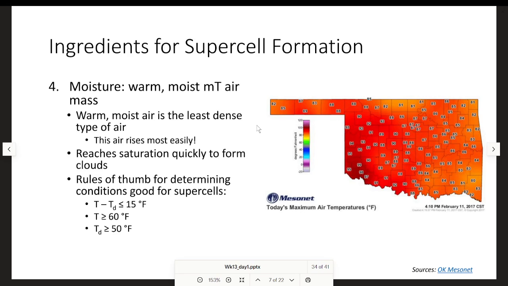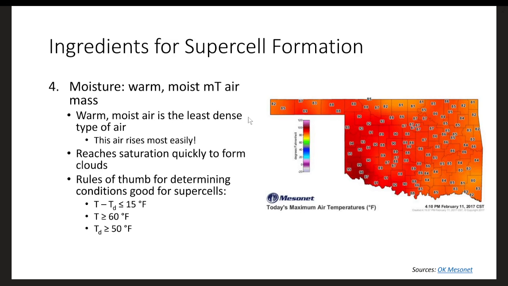Fourth, you need moisture. So you need this moist tropical air mass to advect inwards and add this less dense air to fuel the storm. So this air rises easily, and it also reaches saturation quickly because it's so moist.